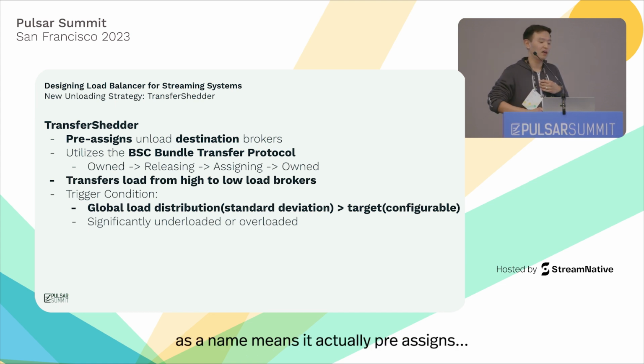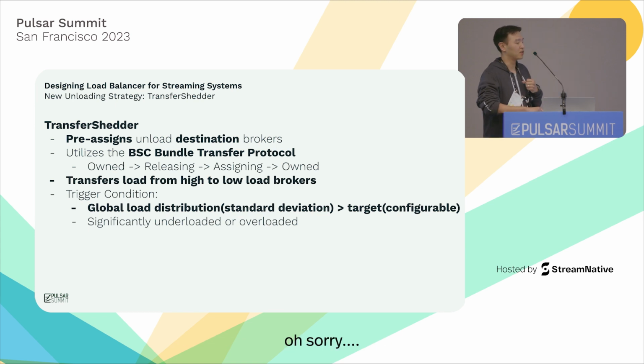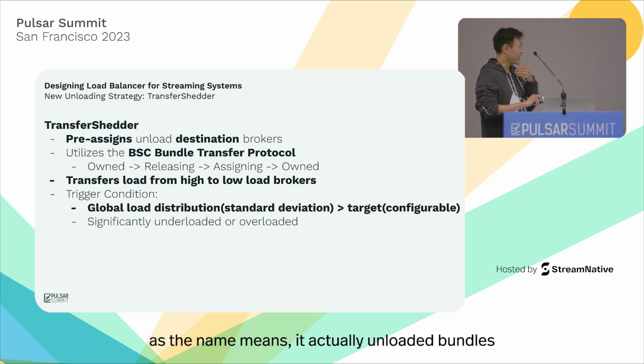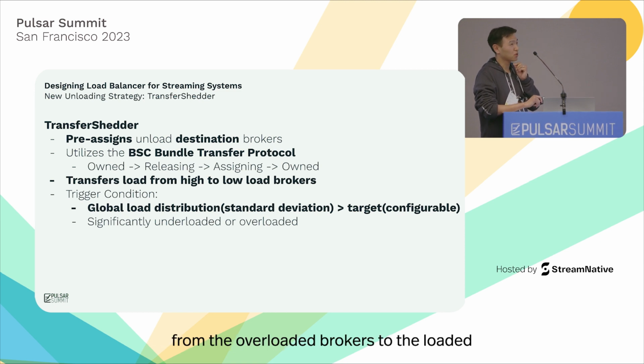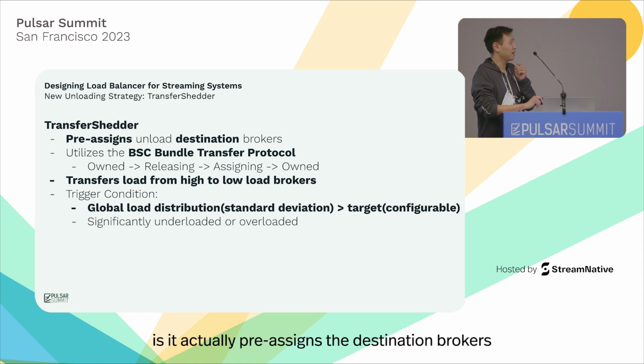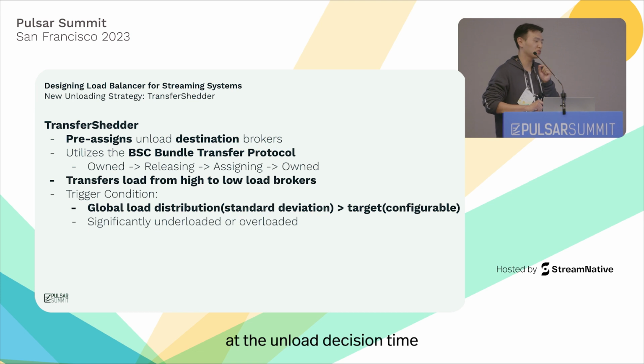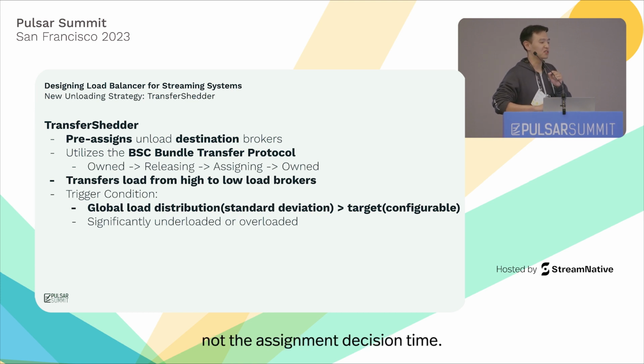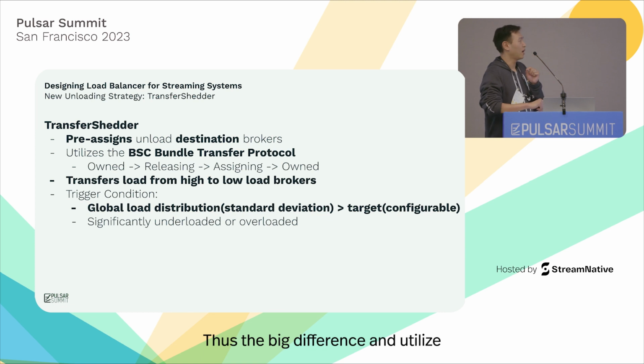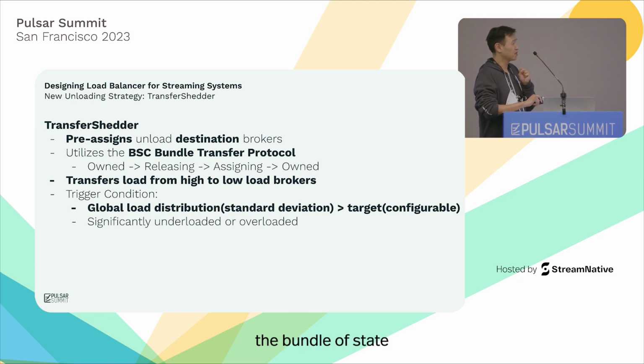As the name hints, it unloads bundles from the overloaded brokers to underloaded ones. But one different thing is that it pre-assigns the destination brokers at the unload decision time, not the assignment decision time. That's the big difference. And it utilizes the bundle state channel bundle transfer protocol, so it follows the state changes from owned, to releasing, to assigning, and back to owned at the destination broker.